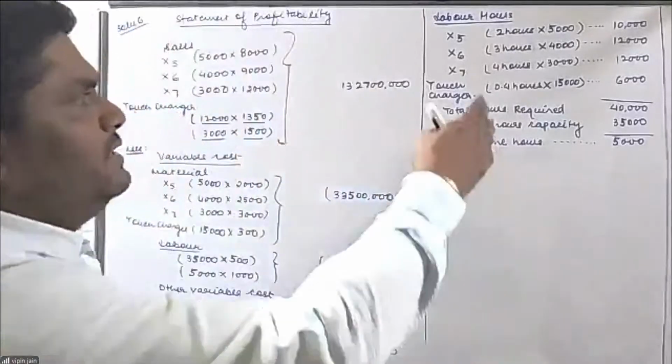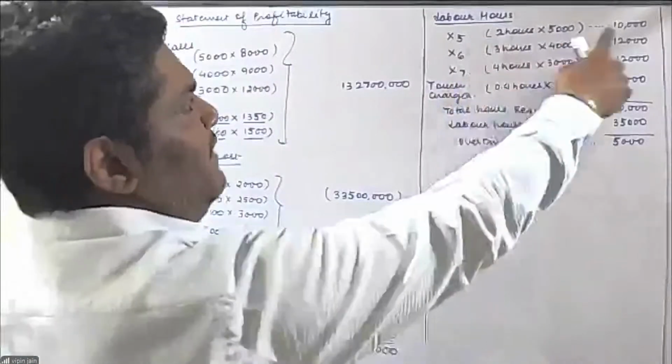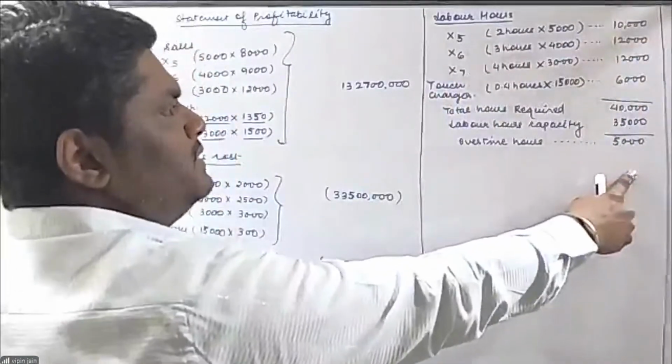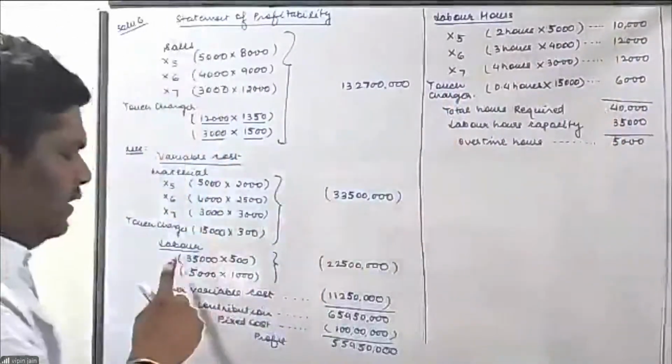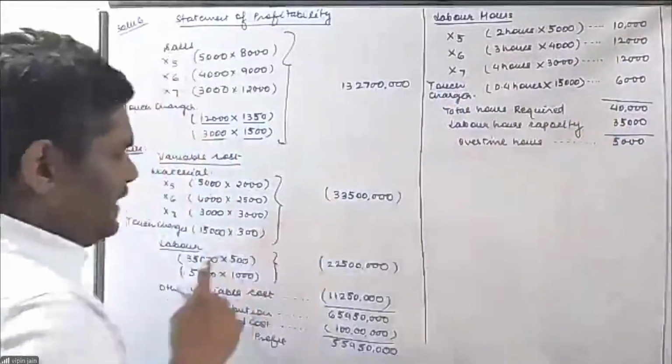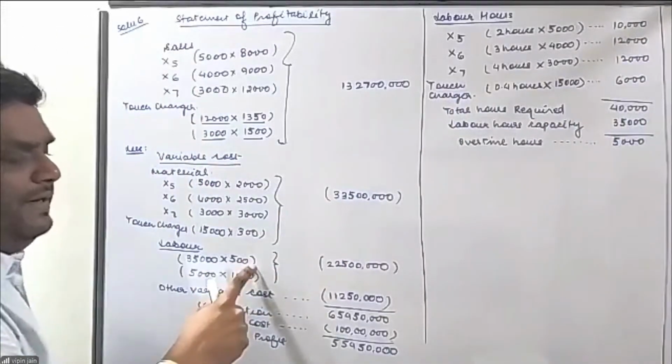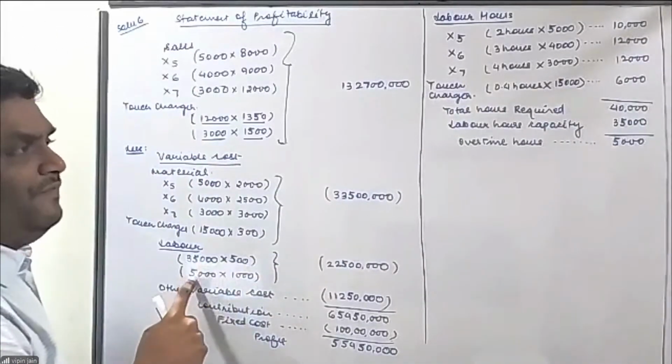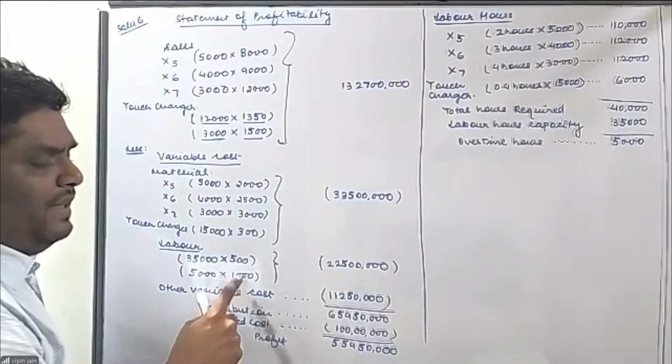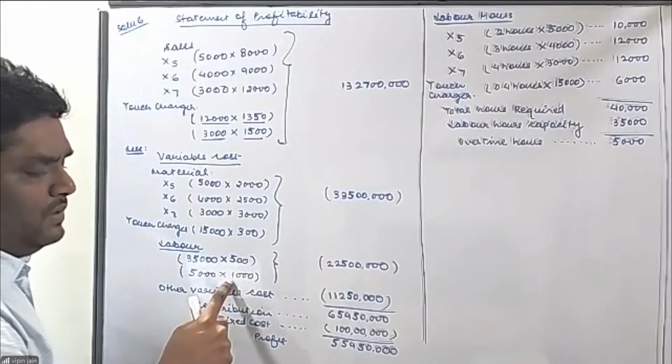Sabah Shakil, see, my dear, here I have calculated the total labor hours. Total labor hours are 40,000, of which 35,000 hours we are paying them at the rate 500, the normal rate, and remaining 5,000 we are paying them at a premium rate that is double the normal rate, that is 1,000.